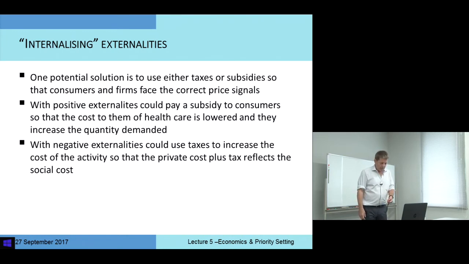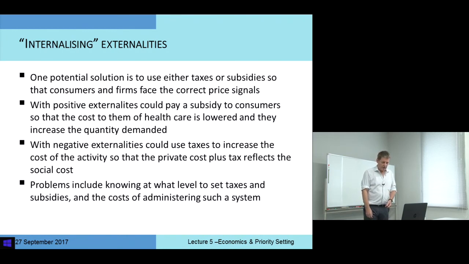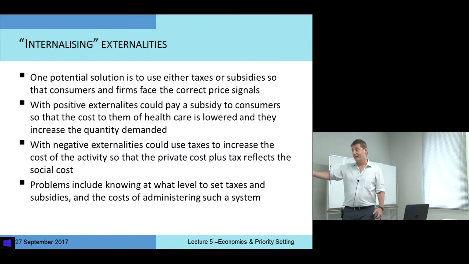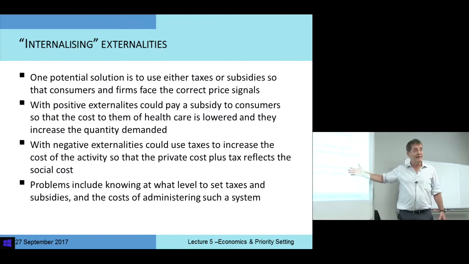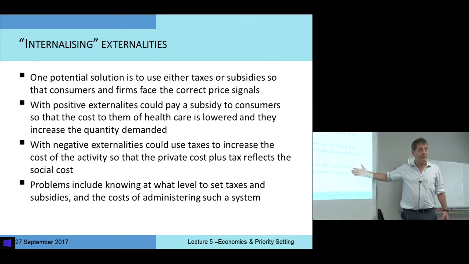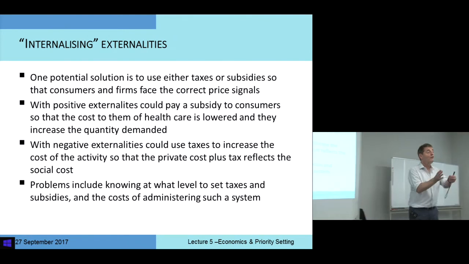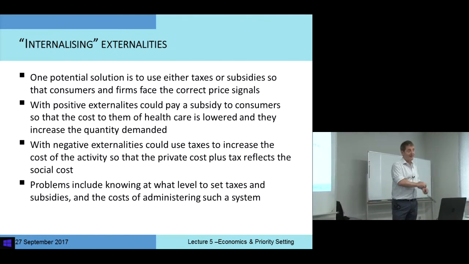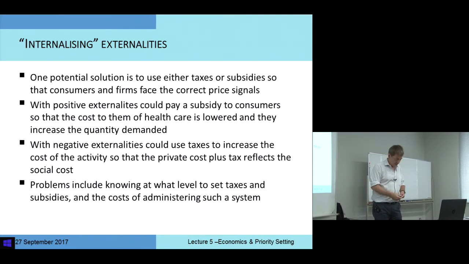Yeah, so I won't dwell on that. That's just putting it in words. There is a problem with this. What level do you set the tax at? Or what level do you set the subsidy at? You might over-subsidize something, and you could have too much of it. And of course, it's costly to administer such a system.